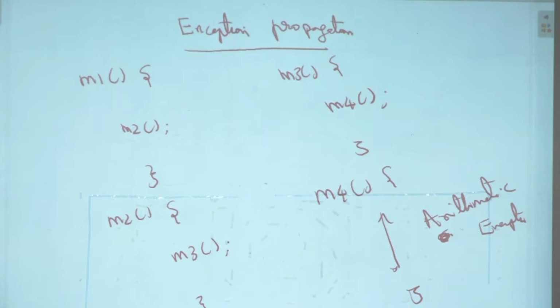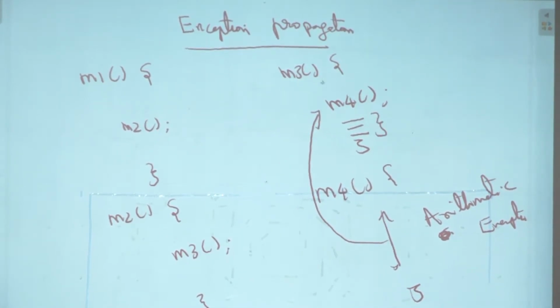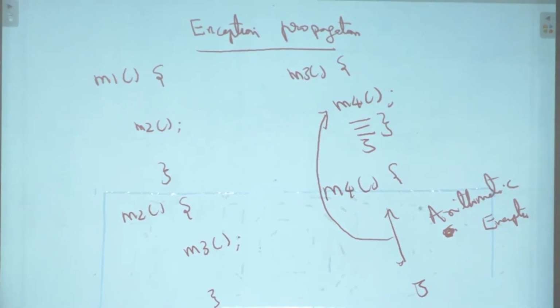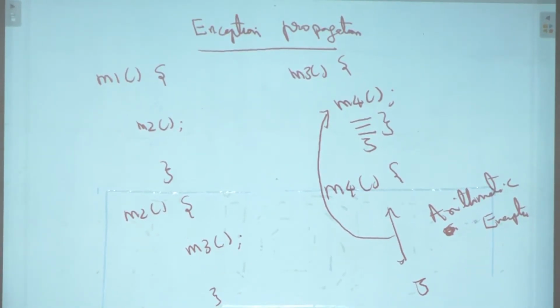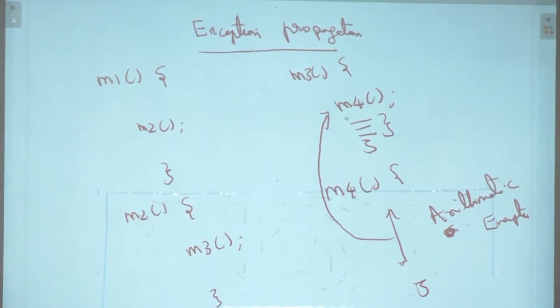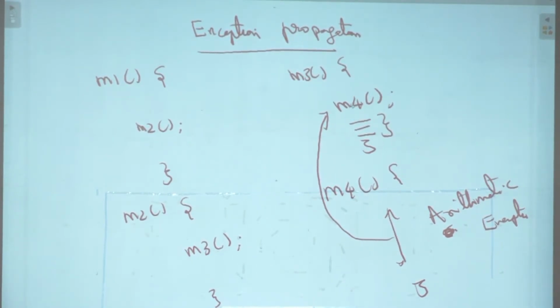Now, the arithmetic exception, if it is not caught in M4, if it is not tackled in M4, then it propagates to M3, and any statements you have written here also won't be executed. These statements will not be executed because M3 called M4, and M4 had an unhandled exception, whatever exception it may be, and because M4 did not handle an exception, M4 came out with fire.